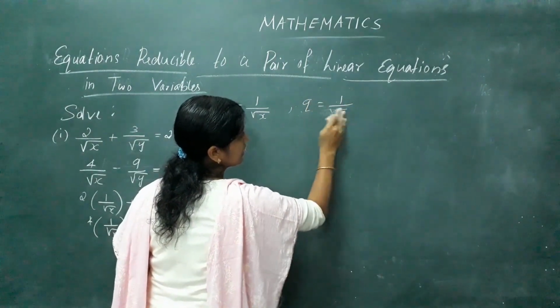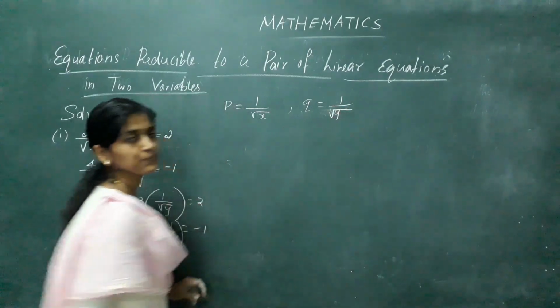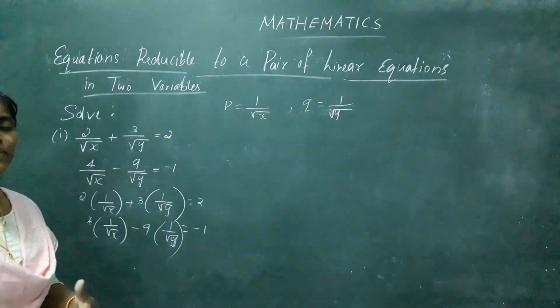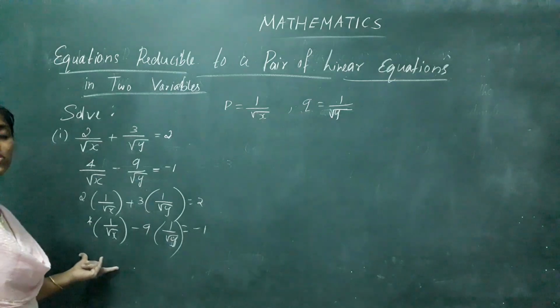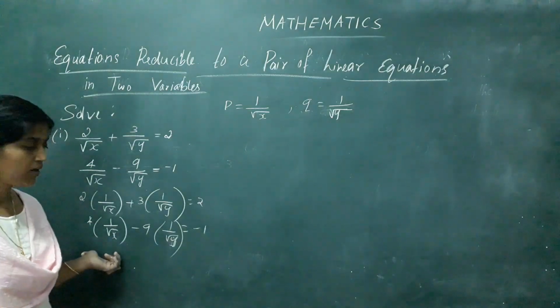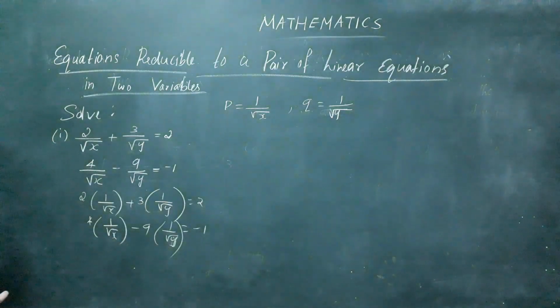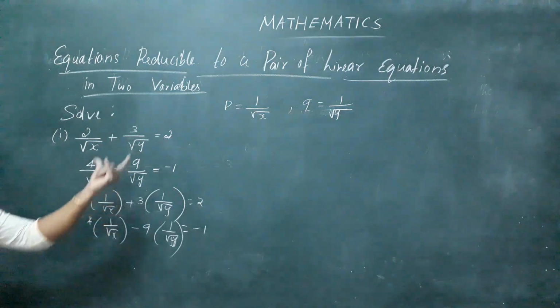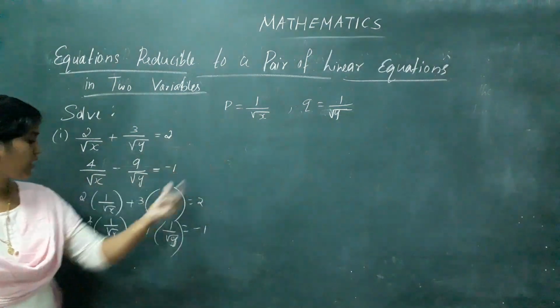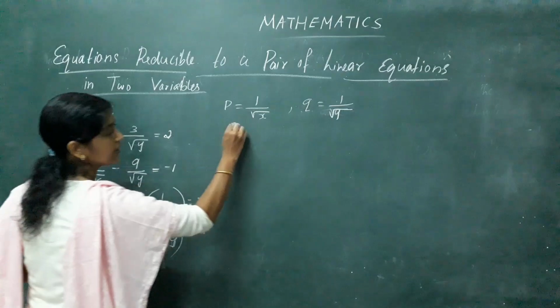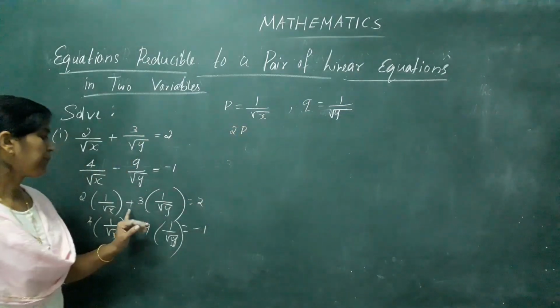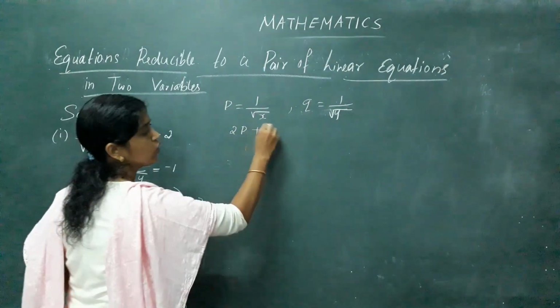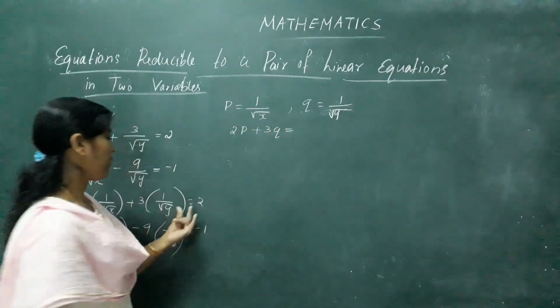We have already seen in our previous section that you can give some variables so that our given equations reduce to linear form. Now how do our equations reduce here? 1 by root x we have written as p, so it changes to 2p plus 3q, that's equal to 2.